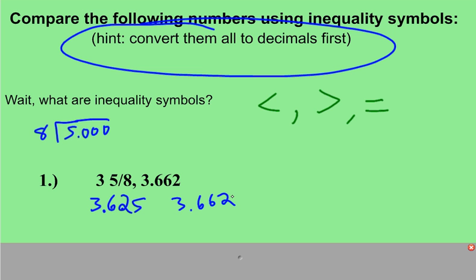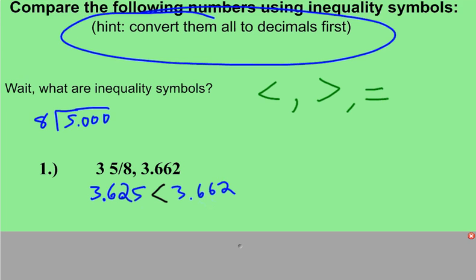So how do we open it up? Where does the symbol go to? It goes to the bigger one, which if we look at it, the first decimal point is the same. We have sixes in the tenths place, and then we look at the hundredths place. The one on the right has a larger digit, so we have it opening up to 3.662, meaning that is the larger number. Let's do another example.